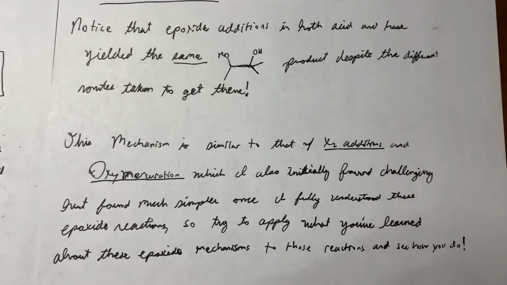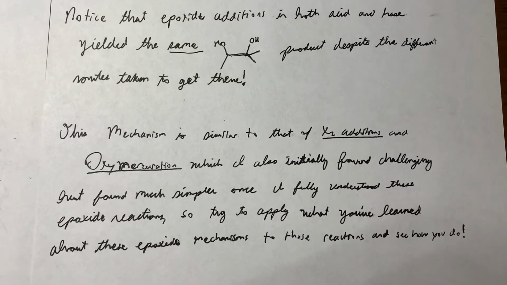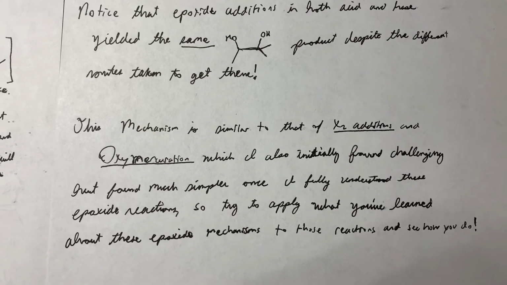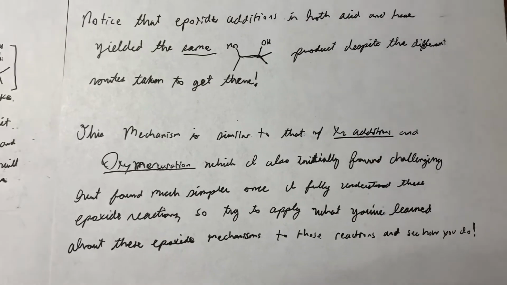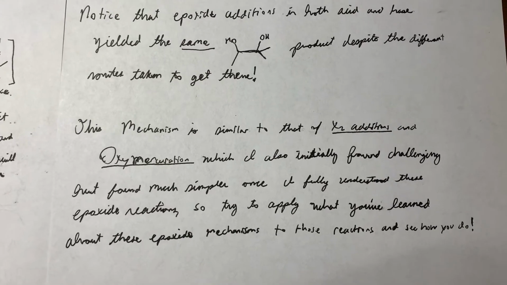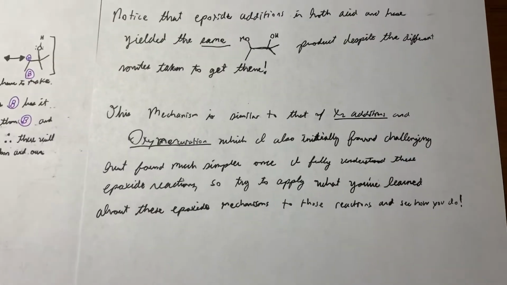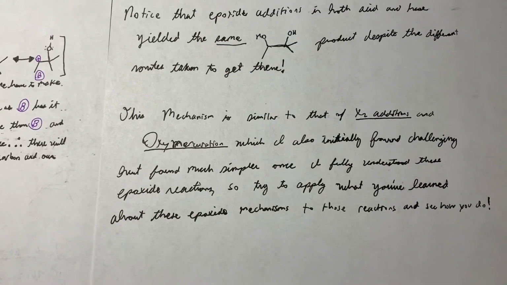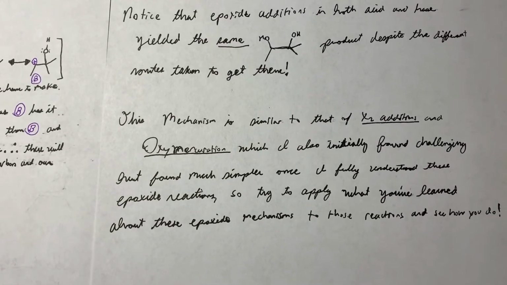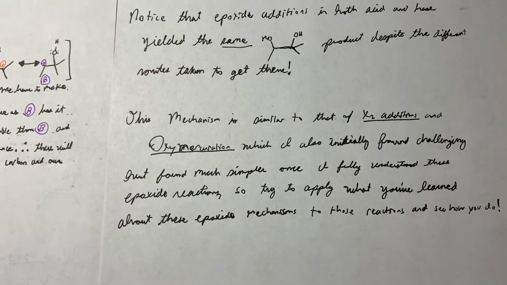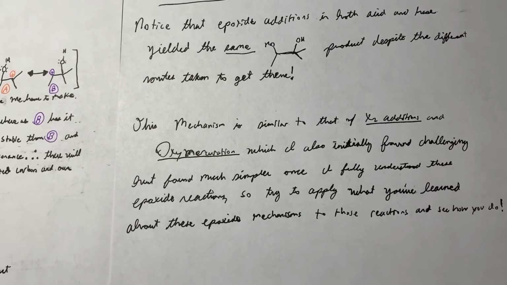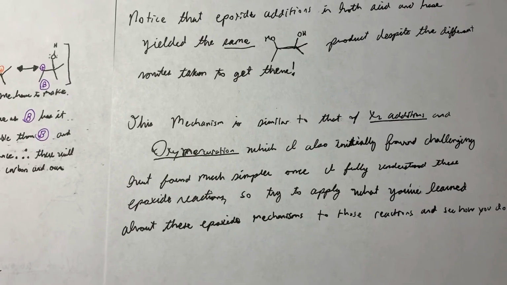So another important note is that this mechanism is very similar to that of the X2 addition reactions and oxymercuration reactions. And so if you understand these truly well, you will understand the oxymercuration and X2 addition reactions really well. And so you can use the knowledge you've gained here and apply it to the oxymercuration reactions and the X2 addition reactions.